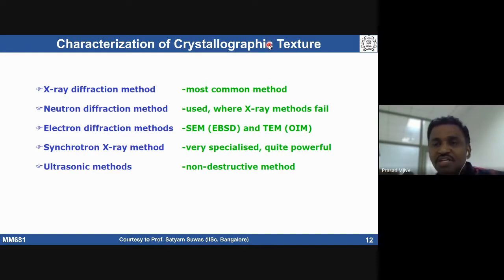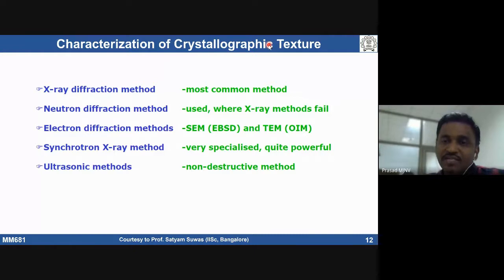The crystallographic texture is classified into three types: macro texture, micro texture, and meso texture. Macro texture is about the bulk. It covers many grains and goes to three-dimensional information. Macro texture is also called bulk texture.